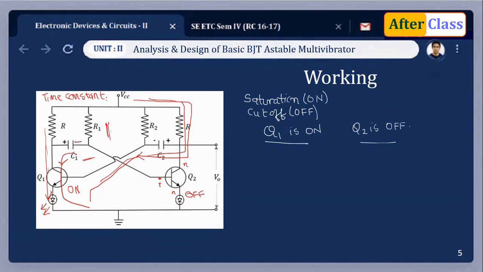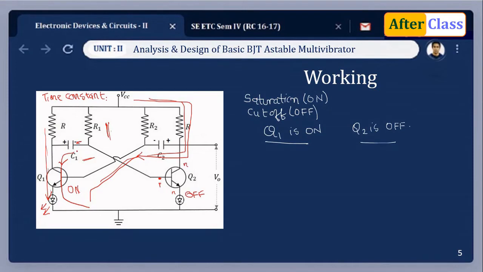Now what we have assumed here is that this capacitor C1 is going to discharge. Previously it was charged to a value of VCC. So if I look from this end, it is minus VCC. It will discharge and the value across this capacitor will become less and less negative, going towards the positive end.